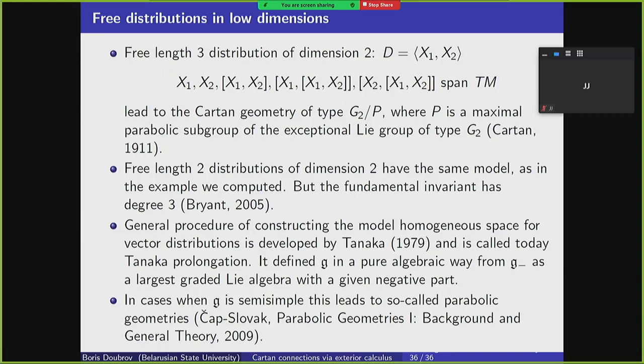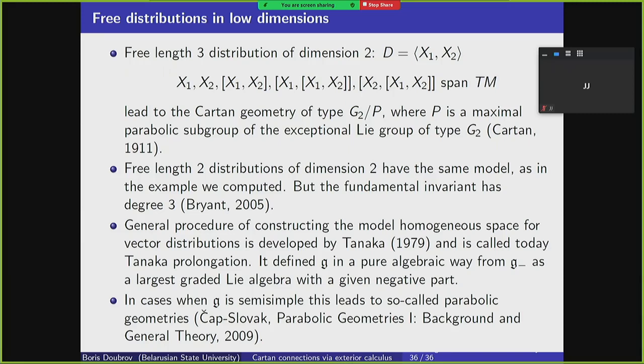Maybe an additional comment Boris didn't mention, but it goes back to what we heard also from Dennis yesterday. This very free length 3 distribution, 3, 6, is a very rare example where the group of automorphisms of the homogeneous model is bigger than G itself.